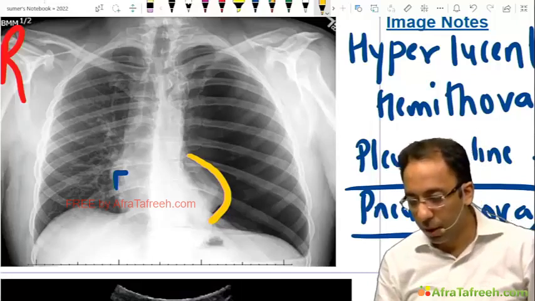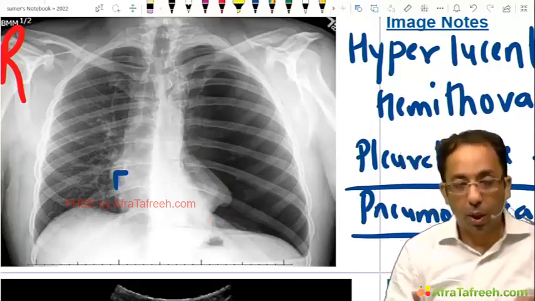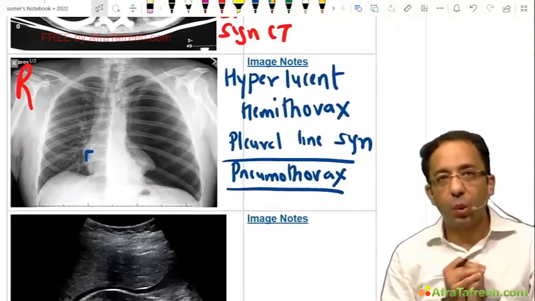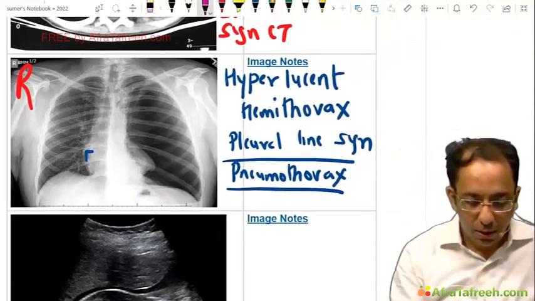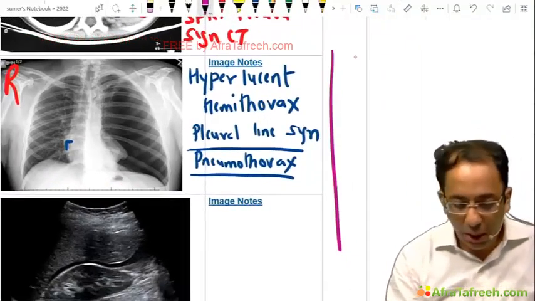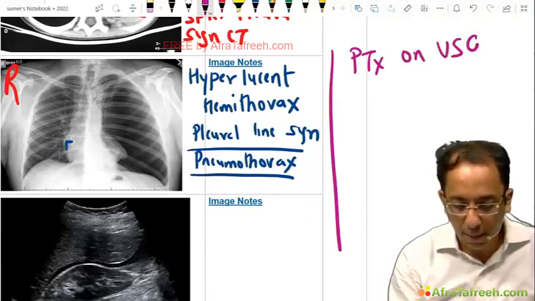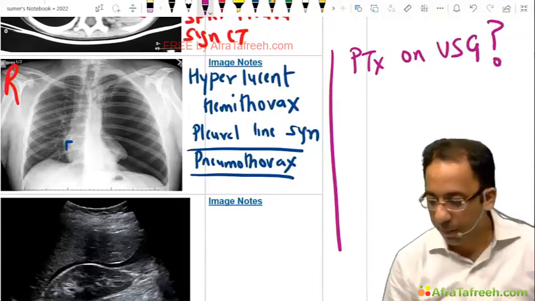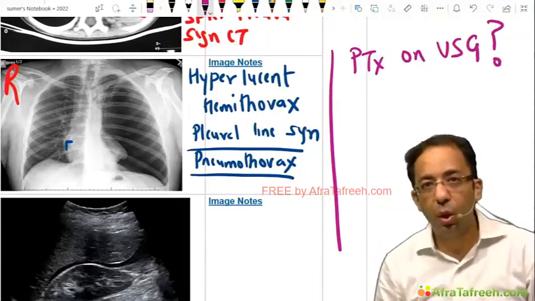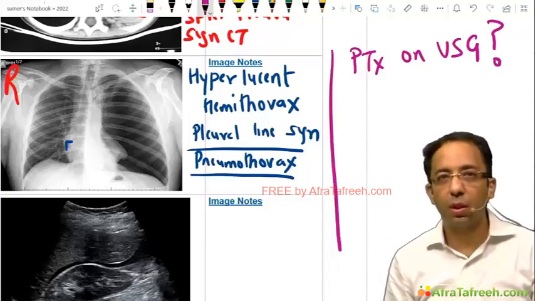Okay, everybody understands? Okay, so far so good. My question is, one student was already asking this, can you identify pneumothorax on ultrasound?